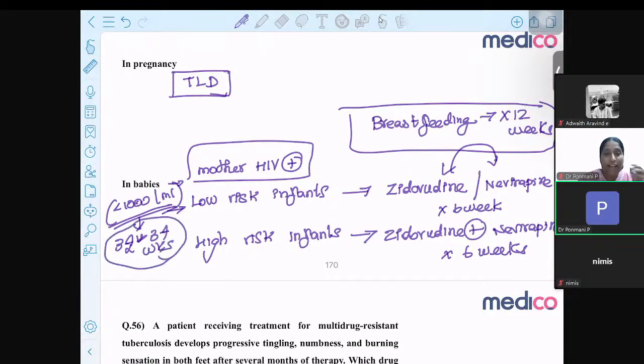If she has a viral load of less than 1000, then they come under low risk. And who is high risk? If the viral load is more, or if the mother did not take the HIV regimen properly, or if she is taking it non-adherently, okay, she takes it for one day, she forgets the other day. In this case also, even if the viral load is minimal, they have to be categorized under high-risk infants.